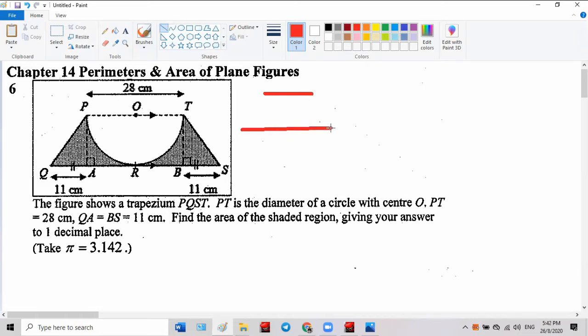It doesn't matter as long as you have a parallel line. It need not be exactly the same.